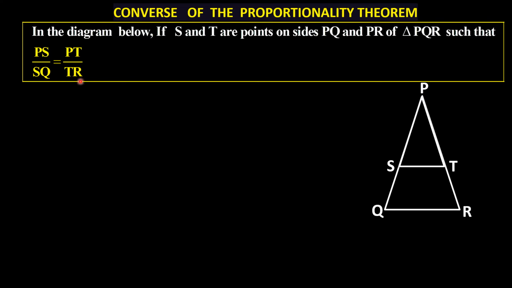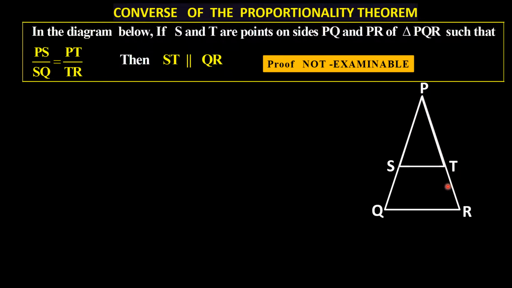In other words, we are given the proportion. Then, if those sides are in proportion, ST will be parallel to QR. Now, this converse of the proportionality theorem is not examinable, so I'm not going to show you the formal proof. We just try to understand the converse, and we can do it this way.